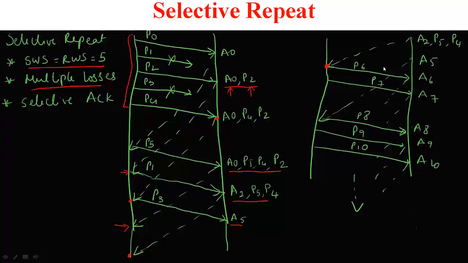The sender is now able to send 2 more packets because you acknowledged P1, P2 as part of this. So it was able to send P6, P7. Similarly, when this ACK represented here comes, it has acknowledged until A5 and you have A6, A7 already out there, so you are permitted to send 3 more to make the count 5, so you send P8, P9, P10.